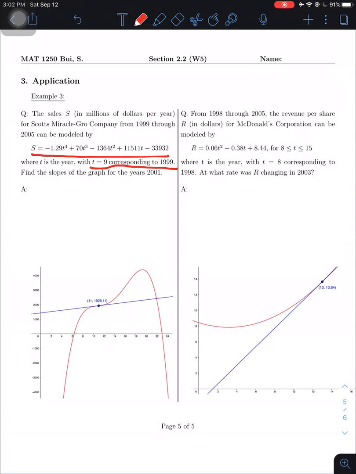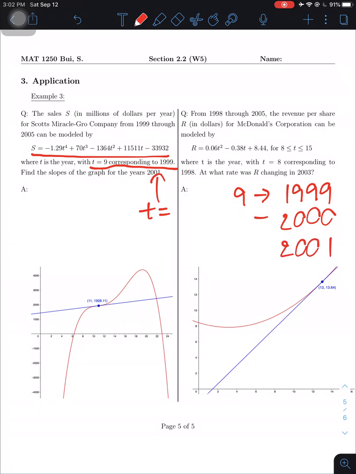Okay, so what is the t value for the year 2001, right? So if 9 equals 1999, then what happens for the year 2000, and then what happens for the year 2001, right? This one is just 1 up, right? So that means t in here equals 10 for 2000, and that means that at the year of 2001 we're gonna get t equal to 11.